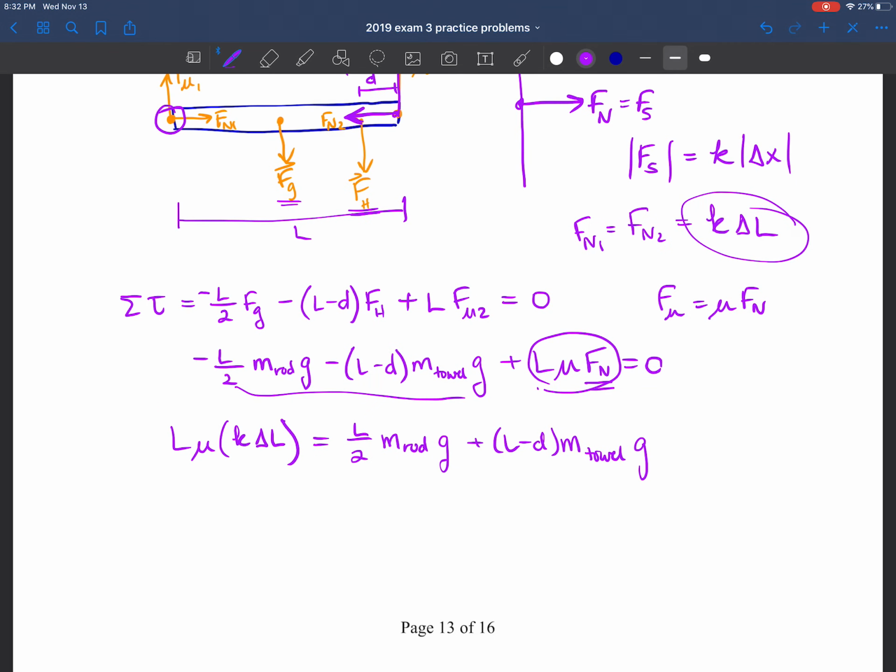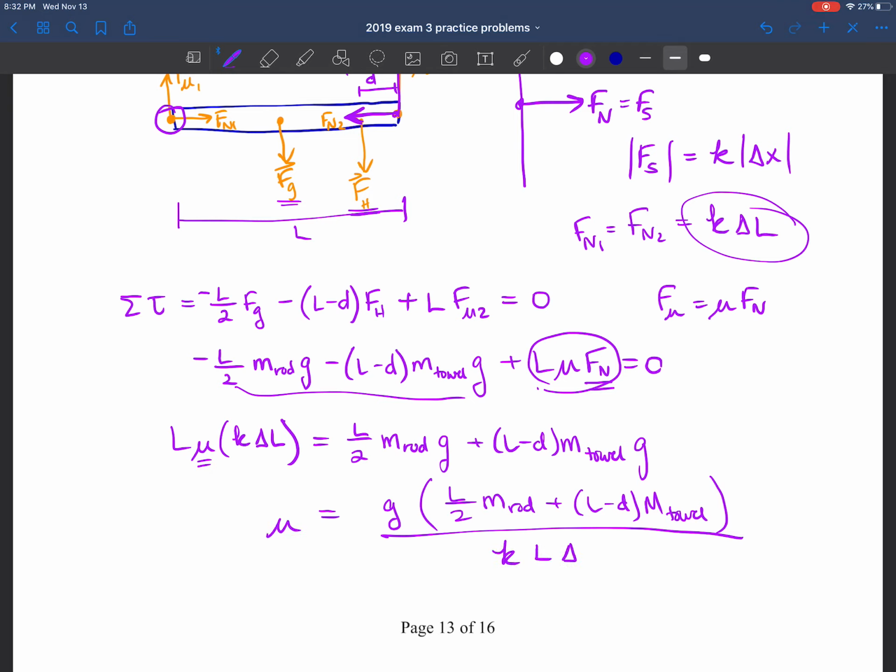And then we want to solve for mu. So let's do a little bit of rearranging. We can pull out a g and multiply that by L/2 m rod plus L minus D m towel. And then we have to divide that by K L delta L.